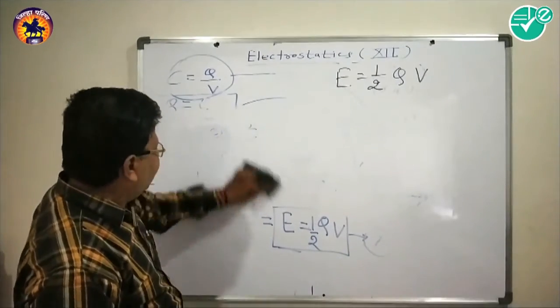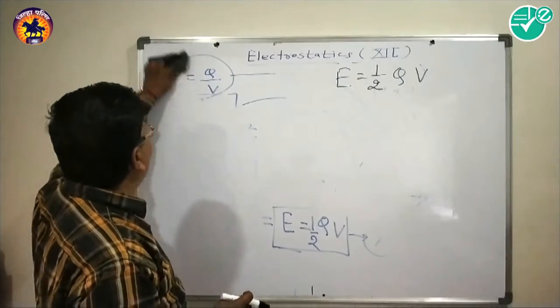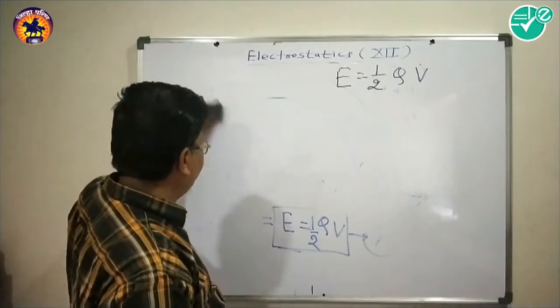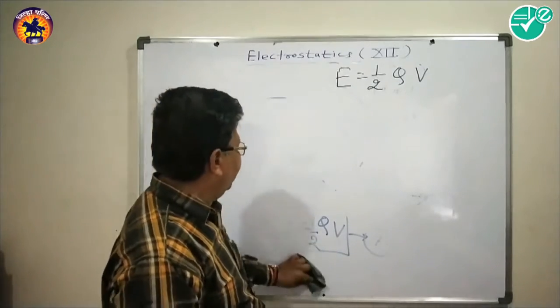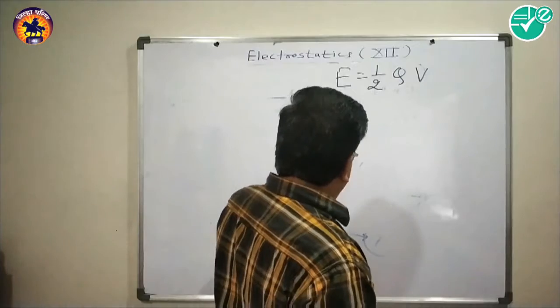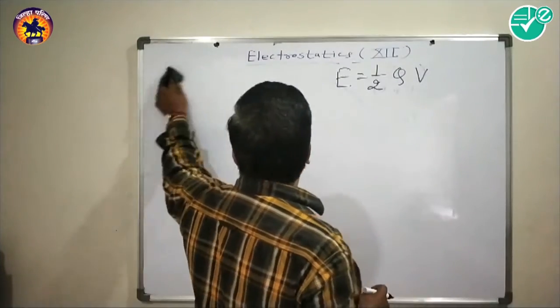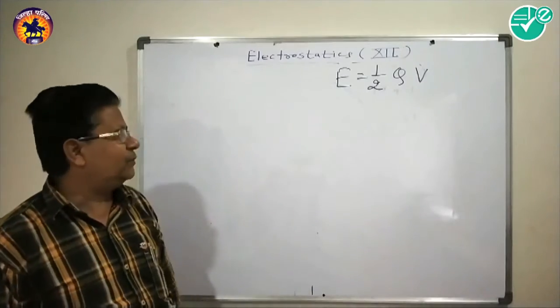While charging the capacitor, we have connected the capacitor to a DC source such as a battery, and when the capacitor is connected to a battery, it will supply the electrical charges.